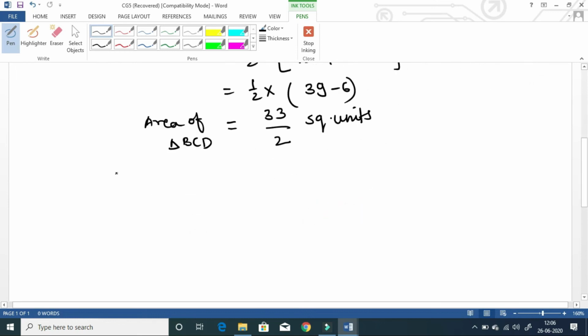Now we have to substitute all these values in equation 1. Therefore we write down here, put in 1, we get area of quadrilateral ABCD.